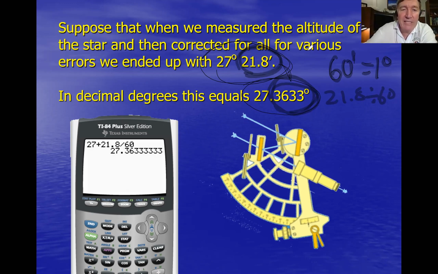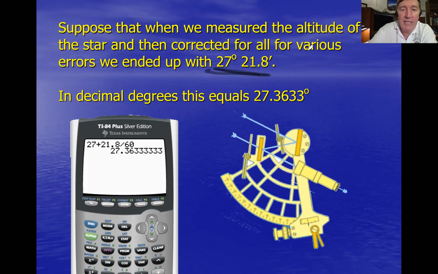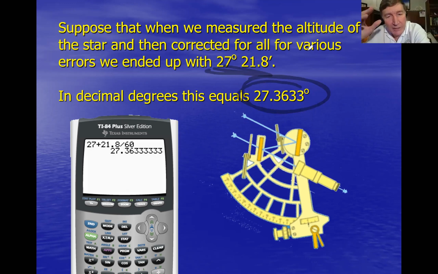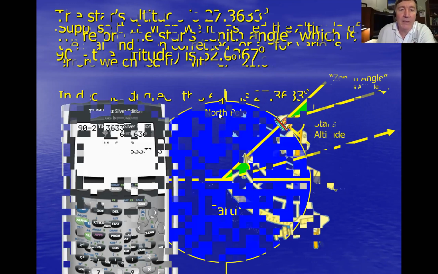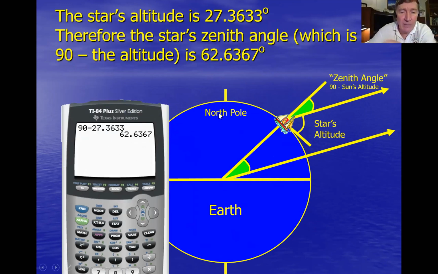If my sextant tells me that this is the altitude, I convert it into decimal to make it a little bit easier. But the altitude isn't really what I want. What I really want is the zenith angle, and the zenith angle is just 90 minus the sextant reading. So I take 90 minus the number we just got, and the answer is 62.6367 degrees. So this is the real true distance.